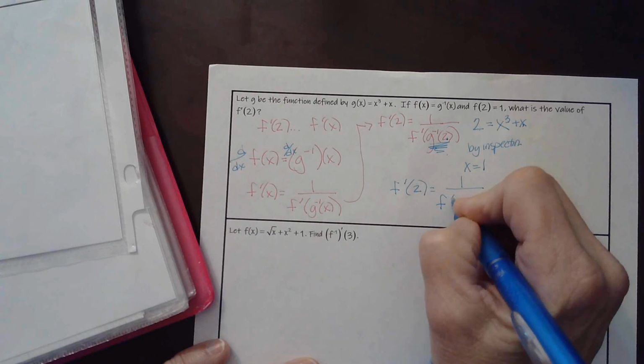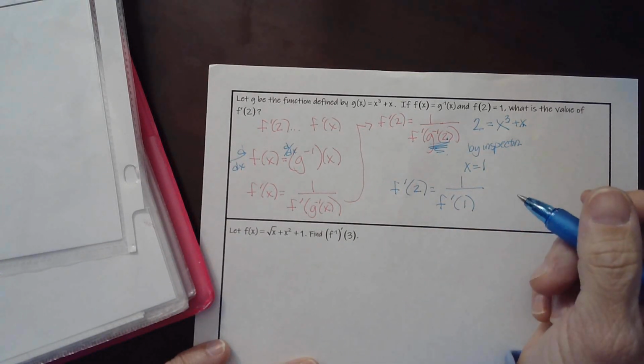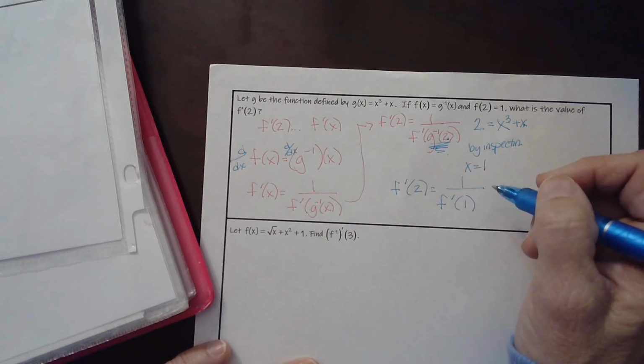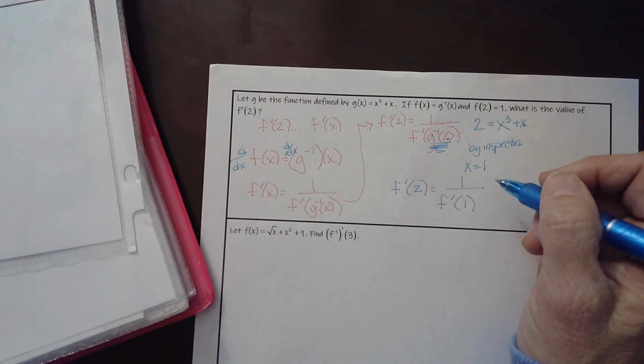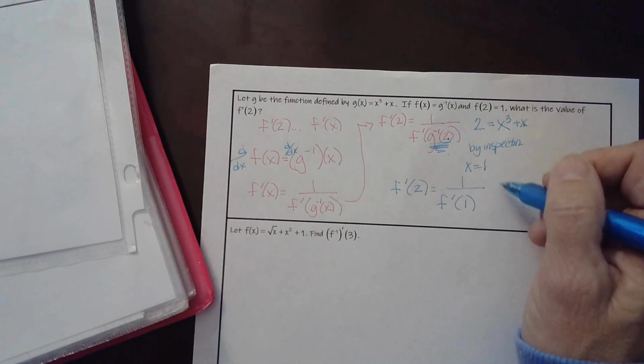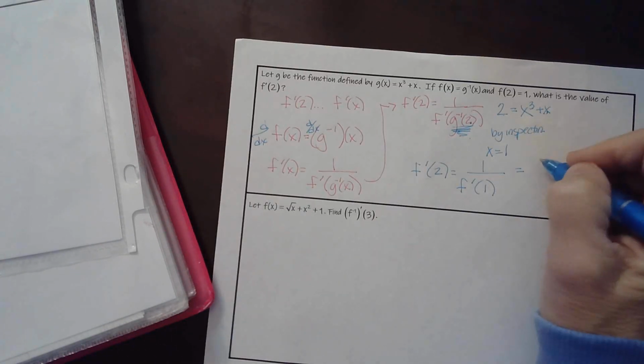And so now I can go f prime of 2 equals 1 over f prime of 1, and then I need to evaluate.